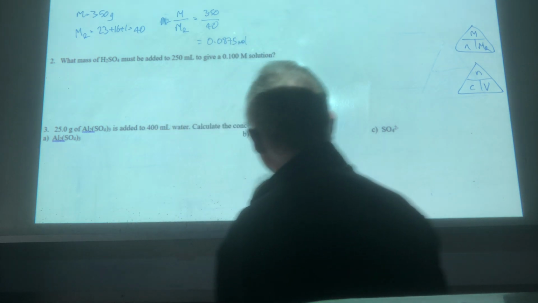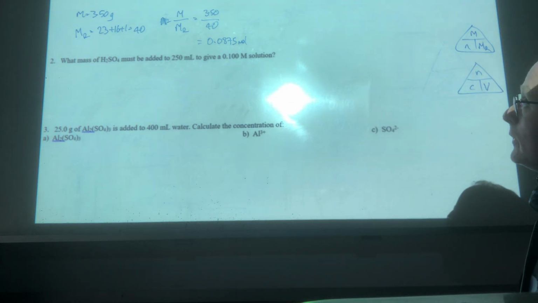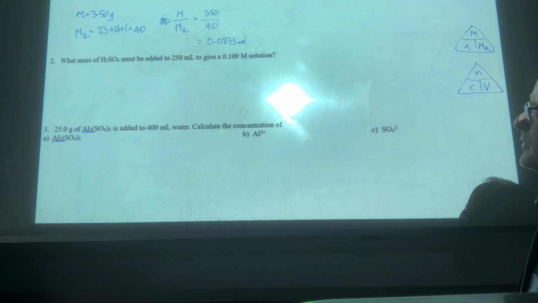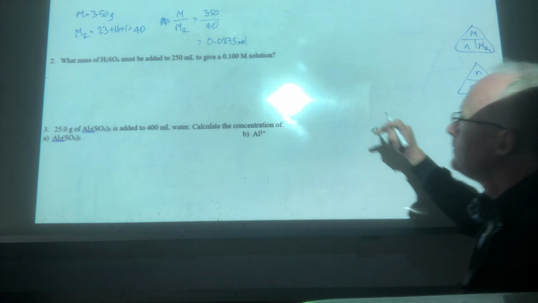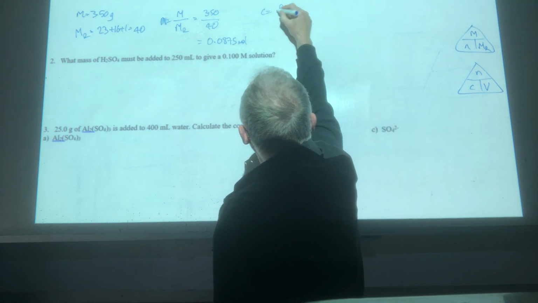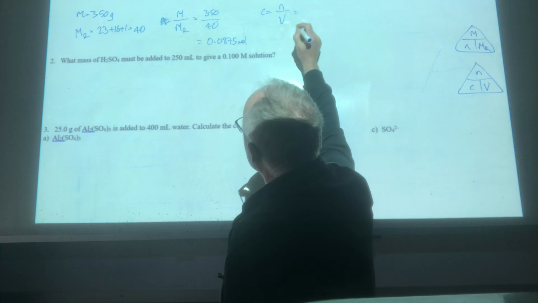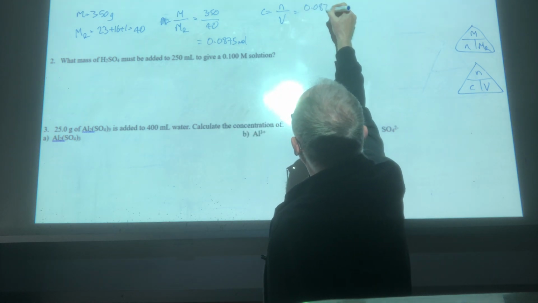moles. Once we've got the moles, we've got the volume, we can work out the concentration. C equals N over V. Just calculated our moles.